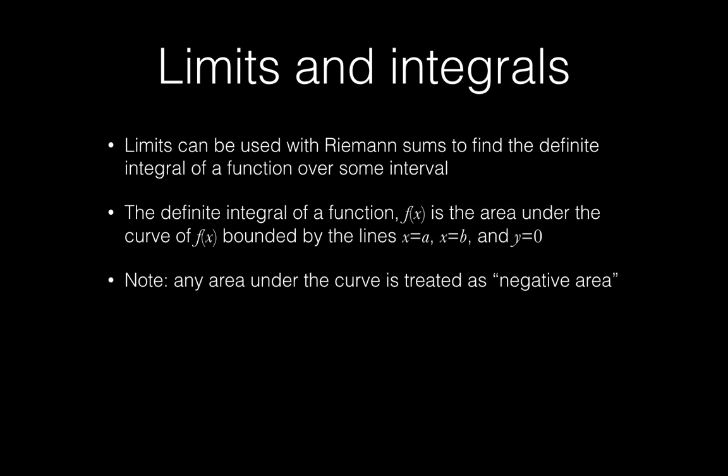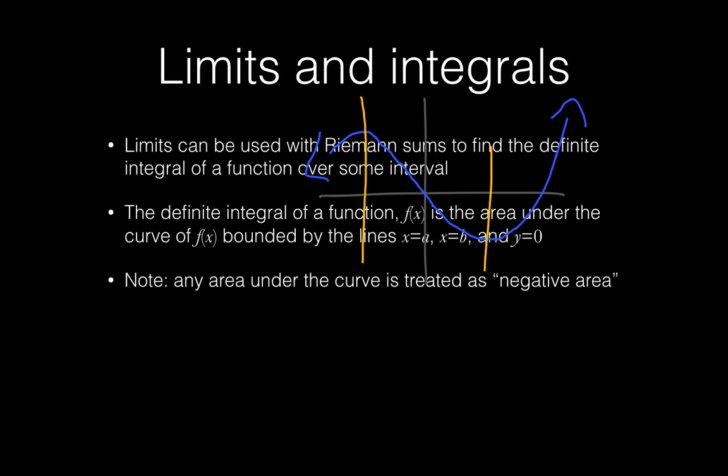Let me show you an example. Let's say we have a graph of this function, and we want to find the area underneath the curve from here to here. What we're going to do is divide this region into a bunch of rectangles to estimate the area.